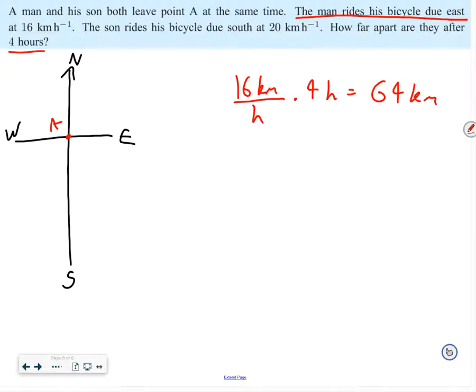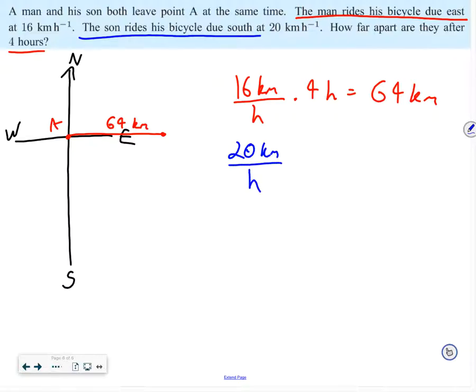Okay, the son. Before we do the son, he went due east. So due east, the guy rides out here, stops. That's 64 kilometers there.